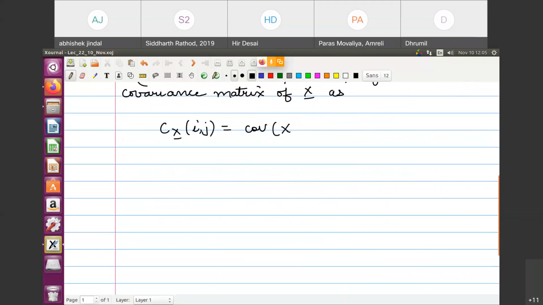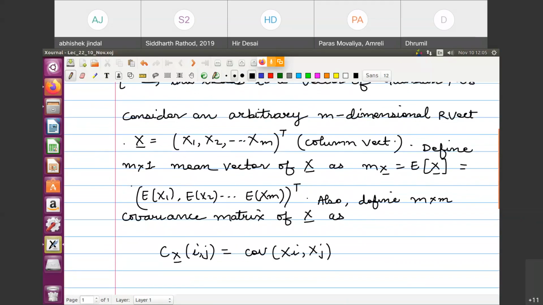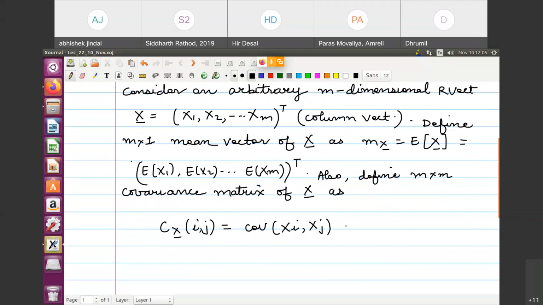It gives you the covariance of xi and xj, the two members of this vector x under bar. So how to define that? I think you know it, that this is given by the expectation of xi minus the mean of xi, times xj minus the expectation of xj. I think you must have gone through this covariance.